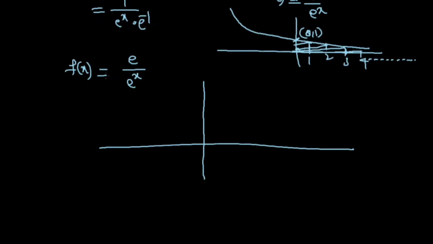So let us consider this is the x-axis and y-axis. In the denominator e to the power of x is there, therefore this is a decreasing function. Let us substitute input x equals 0.